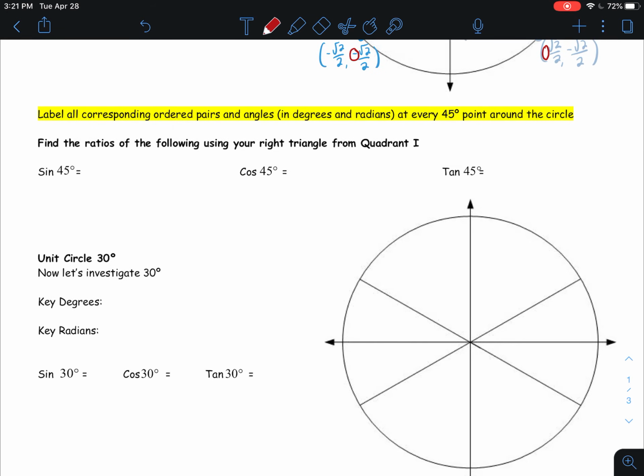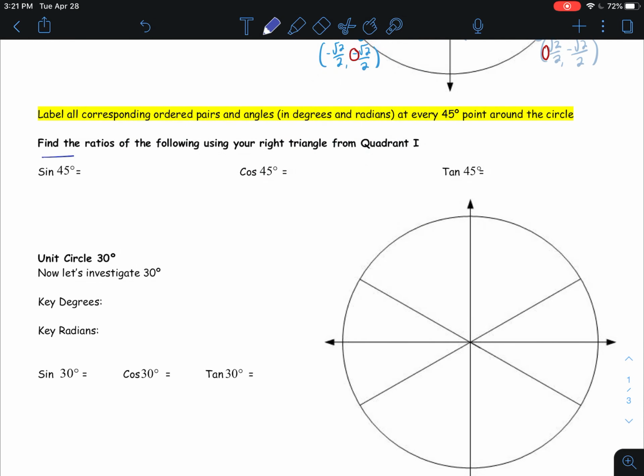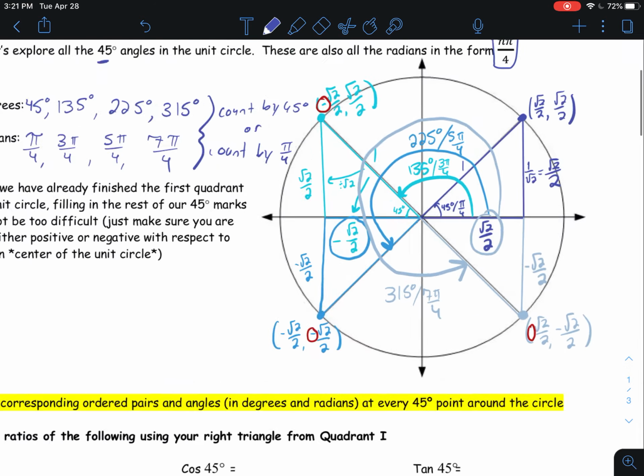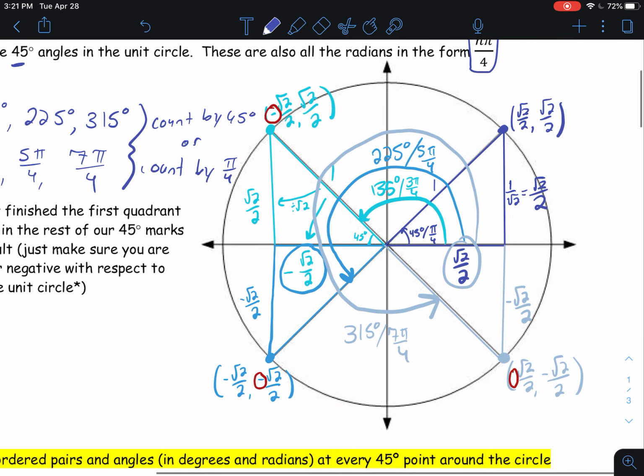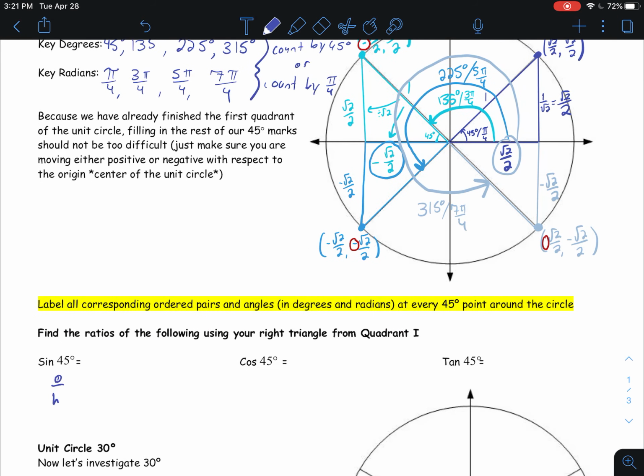Oh yeah, just real quick, let's do these questions right here at the bottom. So it says, find the ratios of the following using your right triangle from quadrant 1. So sine of 45 degrees. Sine is opposite over hypotenuse. So the opposite side from this central angle, right, our central angle is here.